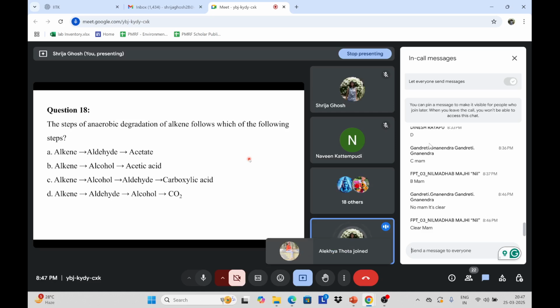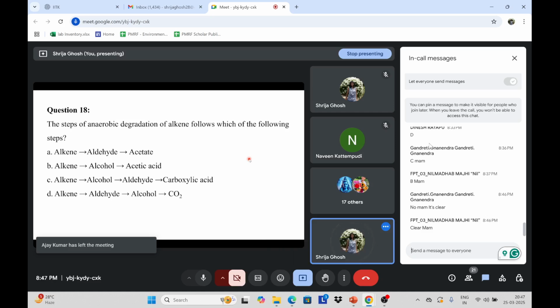Just showed you the beta oxidation pathway, right? So how is it going? Write your answers in the chat box.